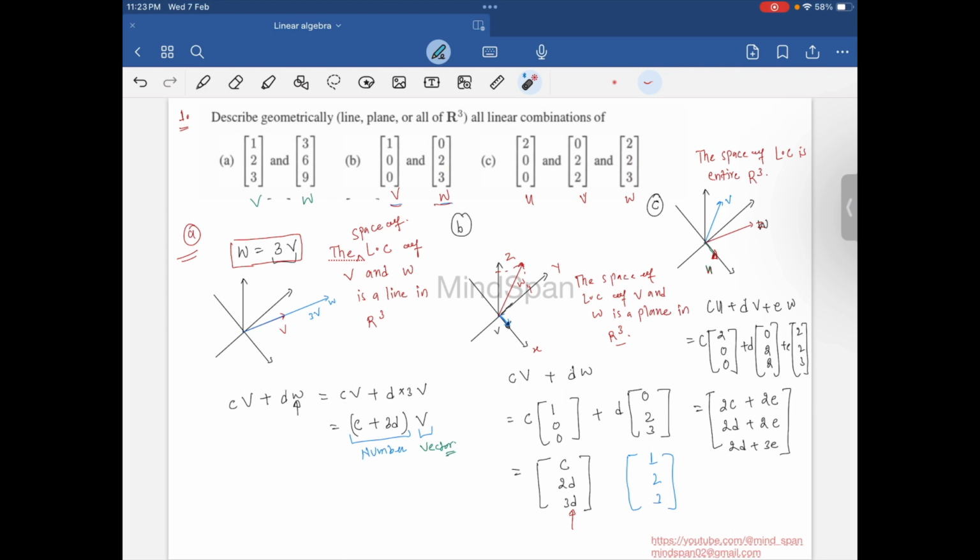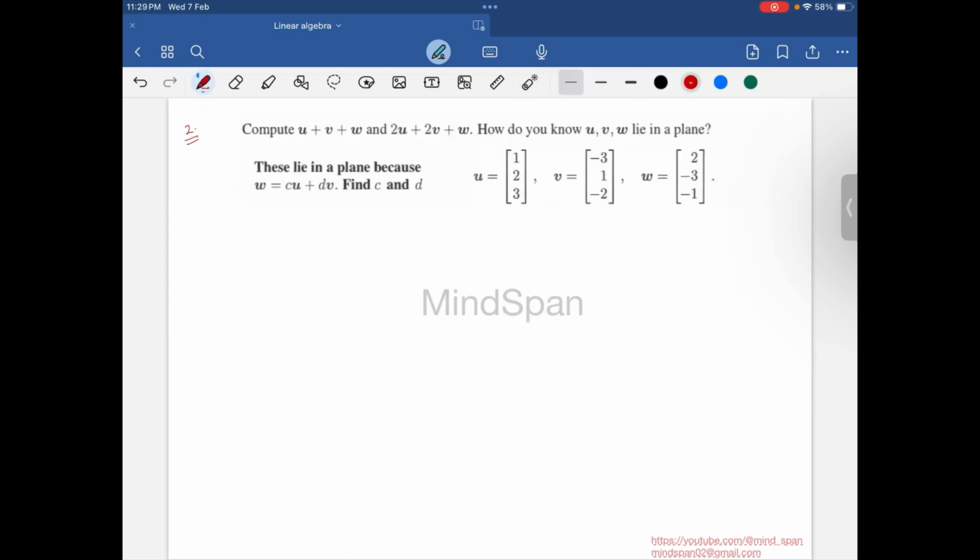Now we will be moving to the next question. Okay, so that was your second question. So let me explain this. Compute u plus v plus w and 2u plus 2v plus w. How do you know that u, v, w lies in a plane? If you look at this u, v, w, all of them have 3 components, which means definitely these vectors are from some 3-dimensional space.